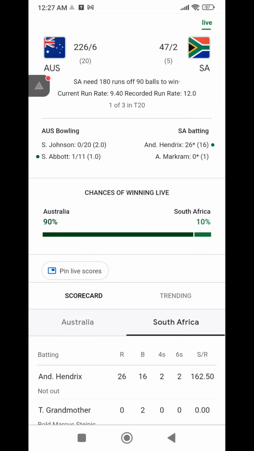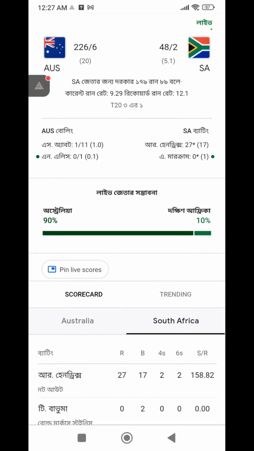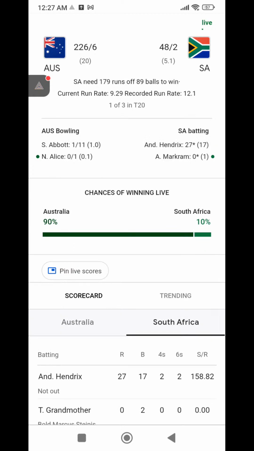226 for the loss of 6 wickets in 20 overs. South Africa need 180 runs off 90 balls. And Aiden Markram 0 of 1.